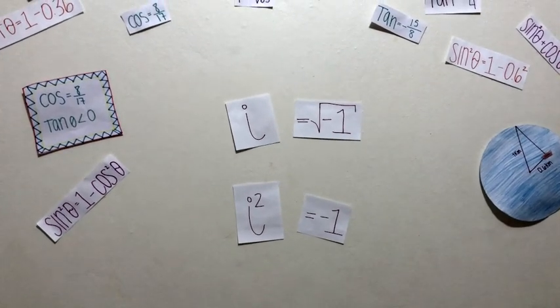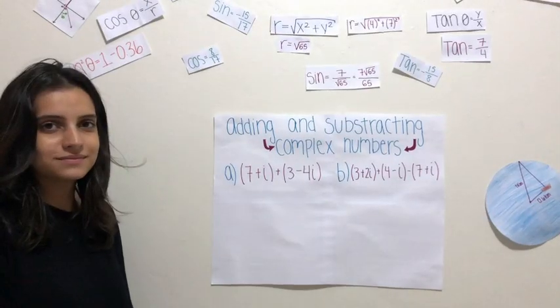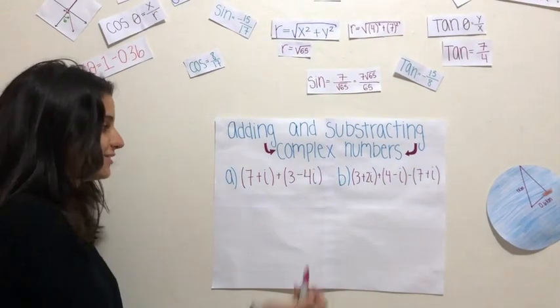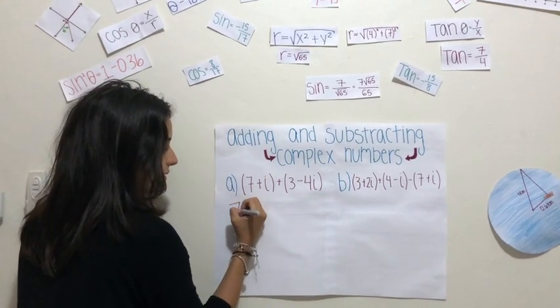By adding real numbers to the imaginary unit, complex numbers are obtained. Here we're gonna be talking about adding and subtracting complex numbers. First, you remove the parentheses.